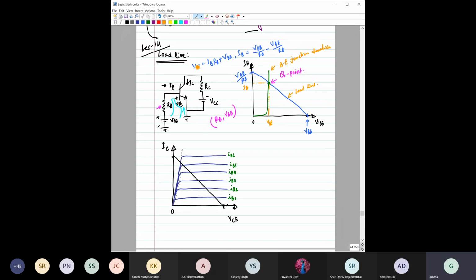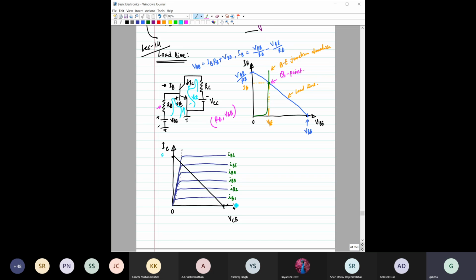So similarly, if you are interested, you should also be able to find a load line along this output loop, right? If you do that, here the output current is IC and the output voltage is V of CE, right?